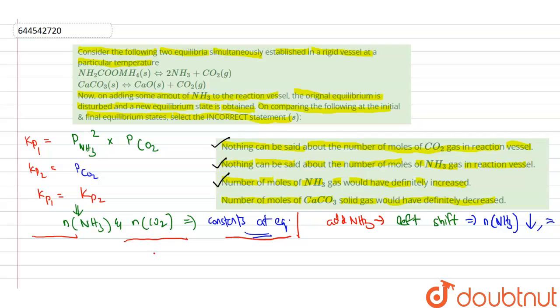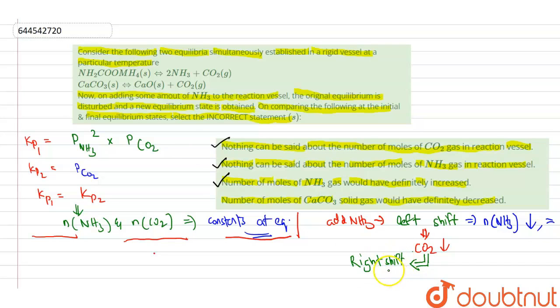The last one: if the first reaction moves to the left, then the amount of CO2 will decrease. So if CO2 decreases, what will happen? The second reaction will shift to the right.